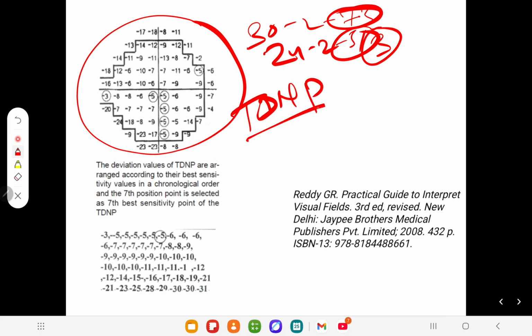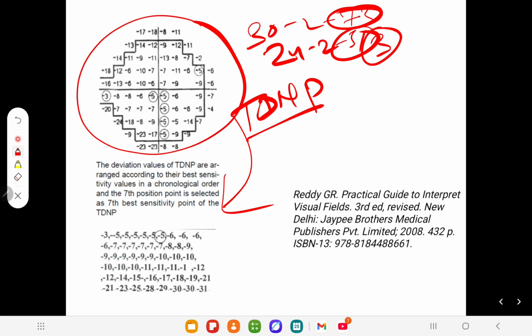Okay, in the total deviation numeric plot, now what do we do? From lowest to highest, actually don't take the minus sign as a very big thing. We always think of the minus sign as the lowest number, isn't it? The higher the minus is, the lower it is.